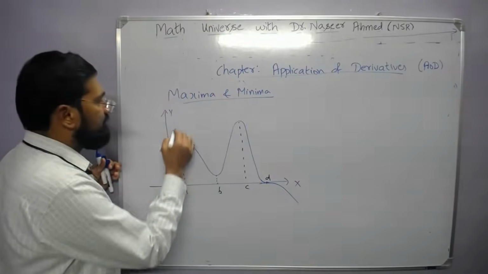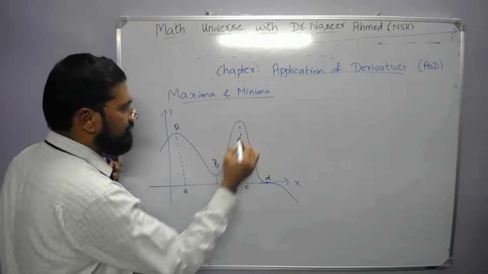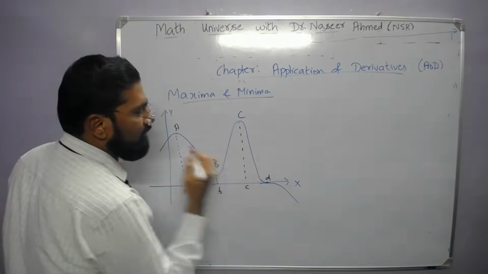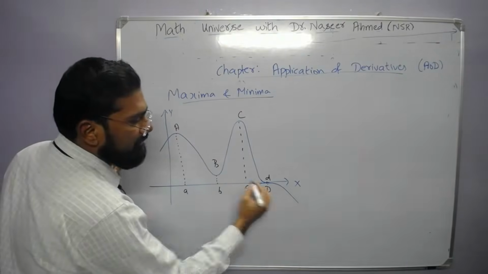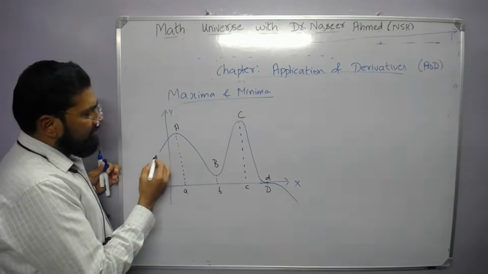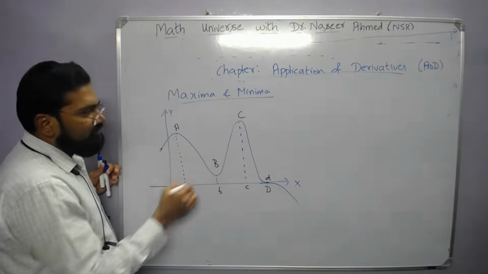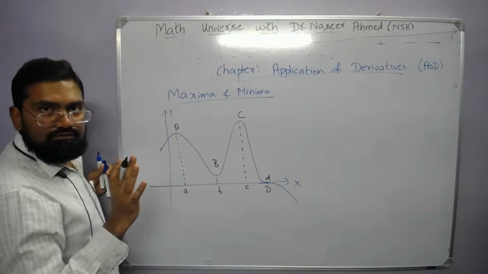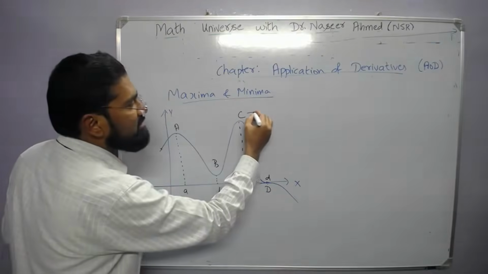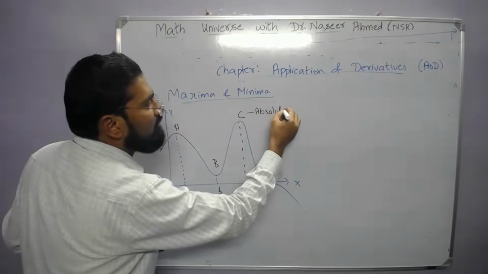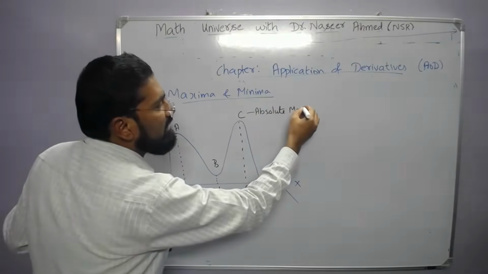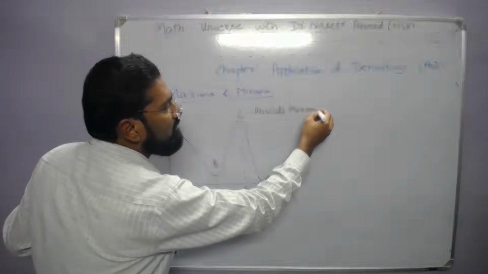Now, if you see, and at D, whatever value I'm getting, that I also take as capital D. See this carefully. The function is first here. If you just see, which is the maximum value, largest of all? Largest of all is this. This is the absolute maximum we say. Absolute or only maximum value, when we say it is the largest of all.